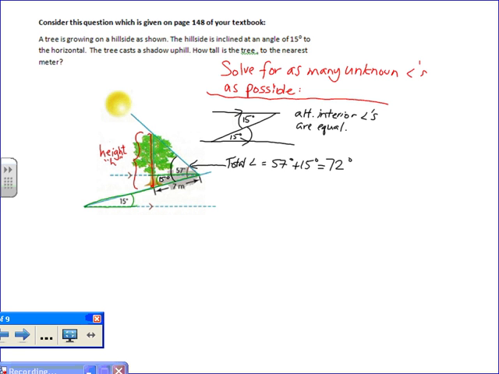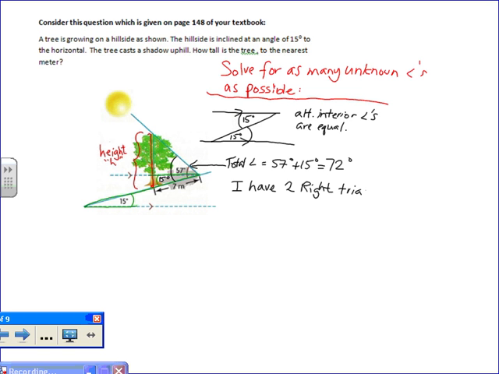Also, because now that I know that that little angle in my right triangle below is 15 degrees, you might recognize here that I actually have two right triangles in this acute triangle.